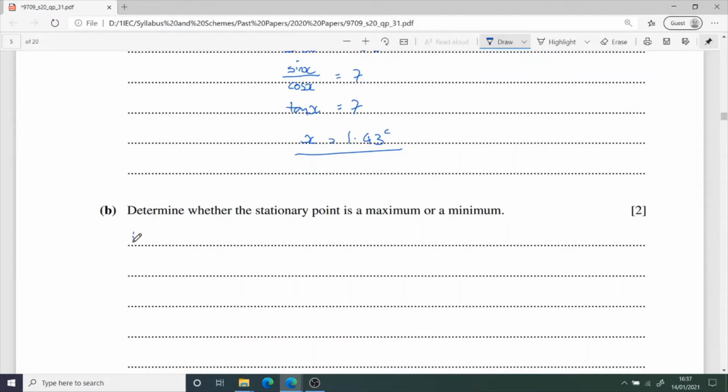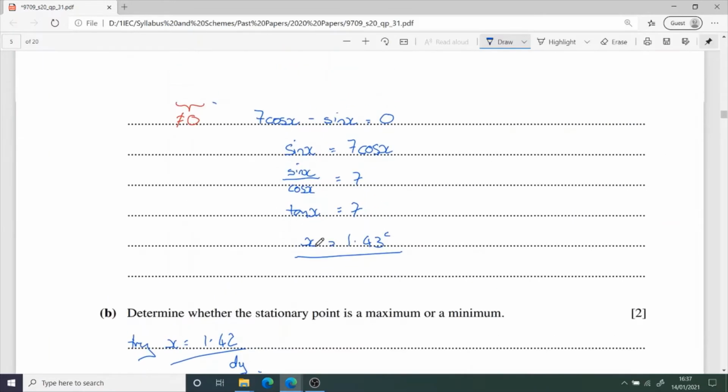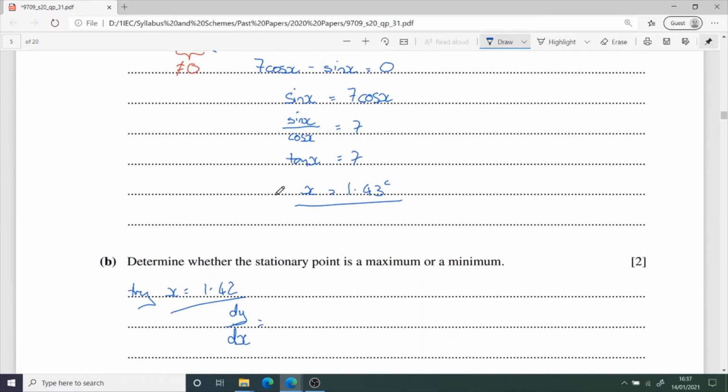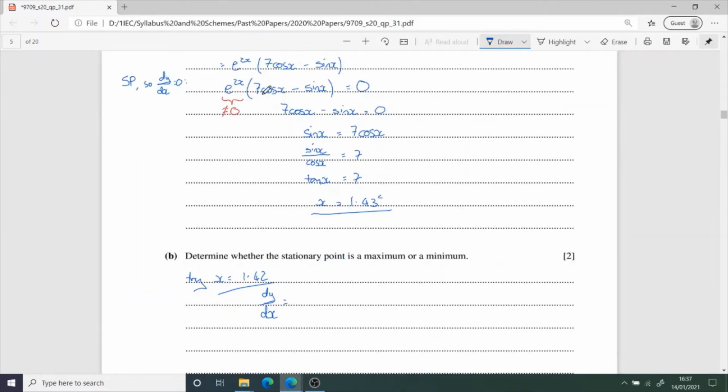So let's try when x is equal to, say, 1.42, and we'll substitute it into dy by dx and see what it tells us. So when x is equal to 1.42, I'm going to substitute that into e to the 2x times 7 cos x minus sin x, again ensuring that your calculator's in radians.